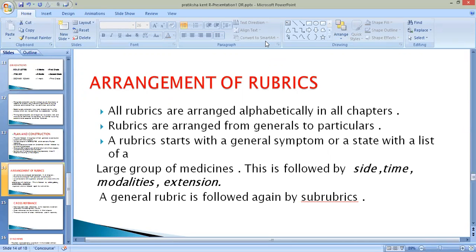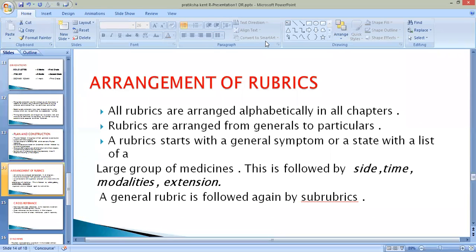Then the rubrics or sub-rubrics are arranged according to side, time, modalities, and extension. Only in chapter chill, time is given as a separate rubric. So all these symptoms related to side, time, modalities, and extension we found under sub-rubrics, but only in chapter chill, time is given as a separate rubric.